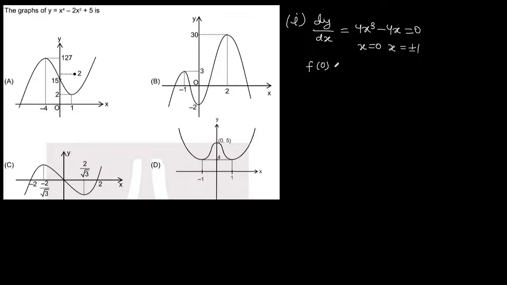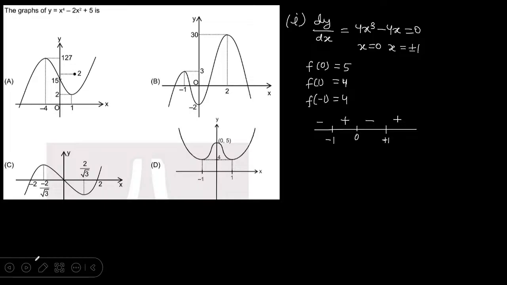So f(0) is 5, f(1) is 4, f(minus 1) is 4. Okay, so when we plot here, we have minus, plus 1. Roots are only plus minus 1, 0, minus 1. If you put more than 1, it is going to be positive, negative, positive, negative.